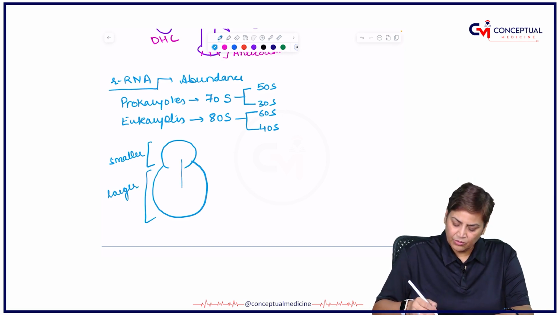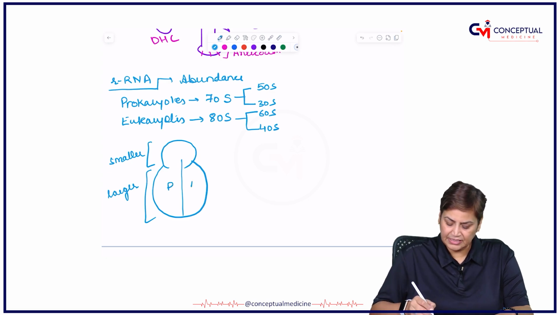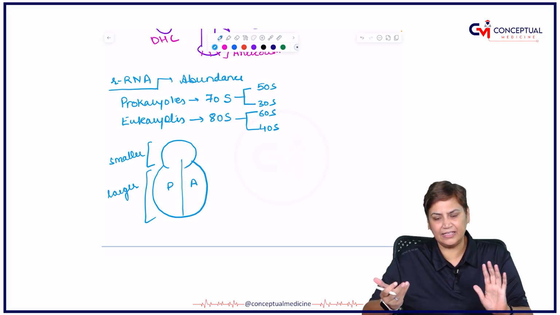The ribosome has two different sites: the P site and the A site. What is the difference between the P site and the A site?